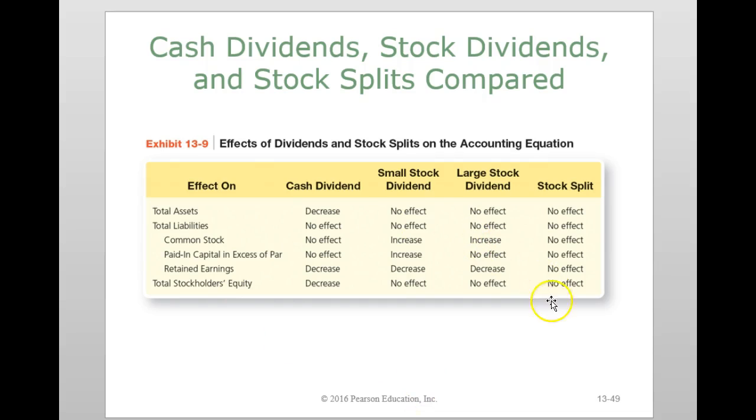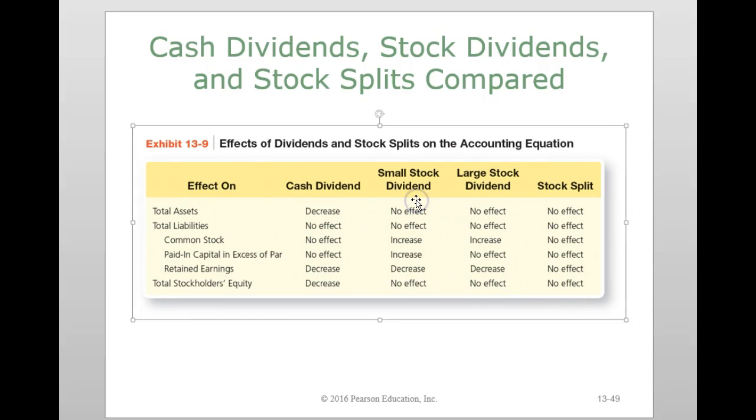This is just really interesting, it shows the effects of each one. And this one area right here has an awful lot to do with dividend policy, because you can see if you don't want to decrease your assets, then you're going to do a stock dividend or a stock split.